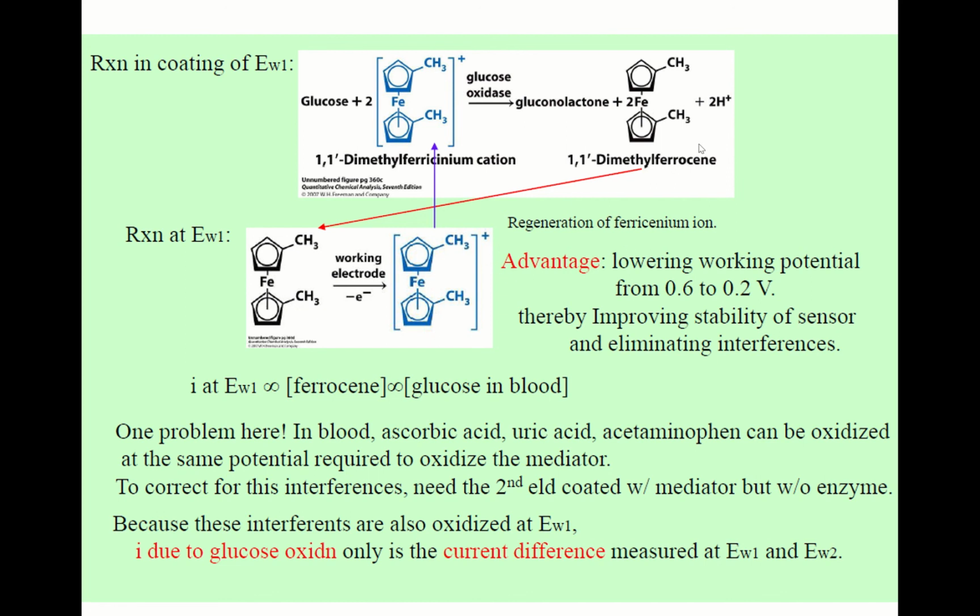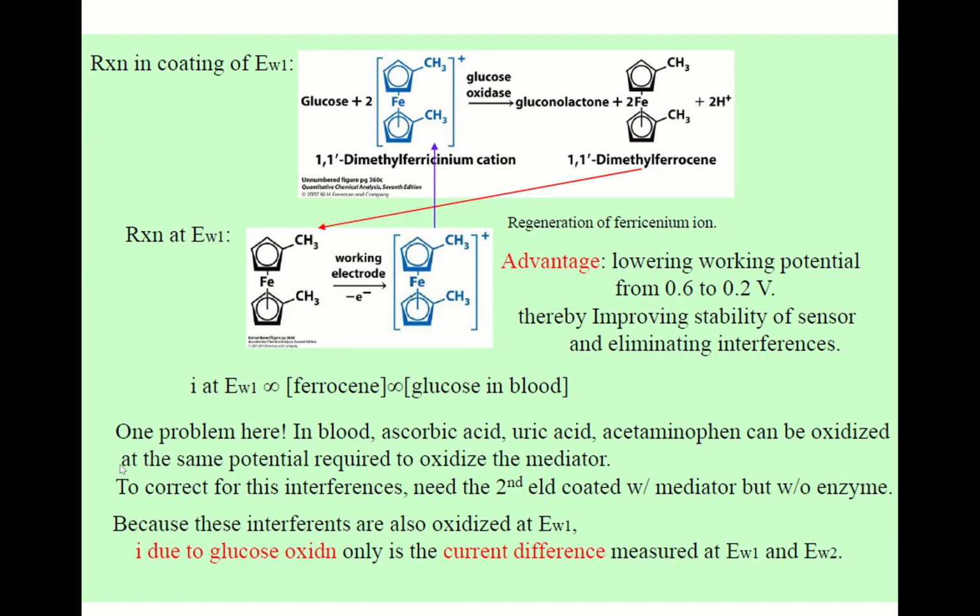So the ferrocene, and then back to ferrocenium. This cycle is made. So this ferrocenium ion is called a mediator. With a very small amount of ferrocenium ion, there is no problem to measure the concentration of glucose.